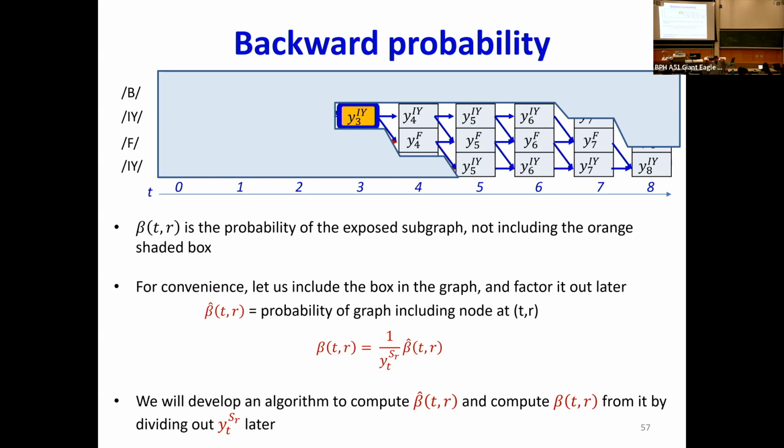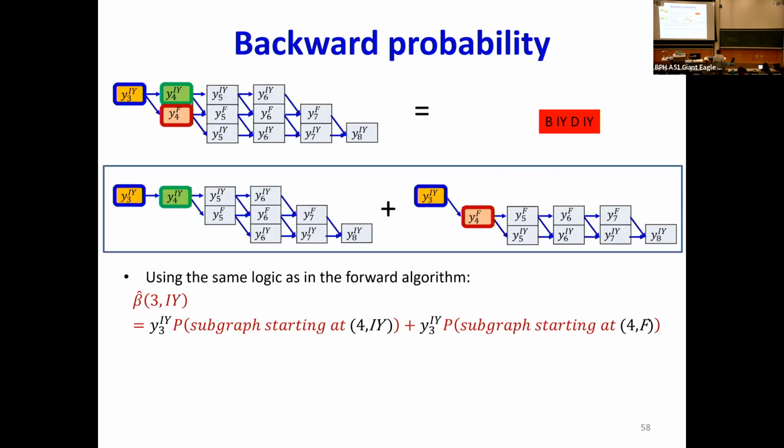This just simplifies the arithmetic, right? So once I do this, it's very easy. The total probability of all paths leading from the 3E node to the end is going to be the probability of going out of this 3E node. There are only two ways of going out of this node, right?